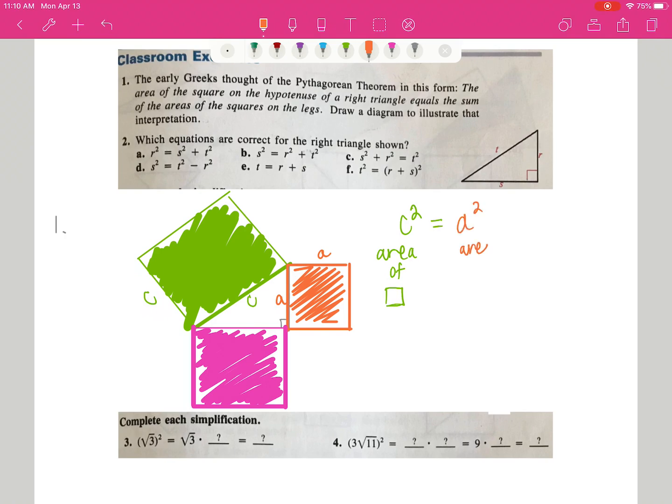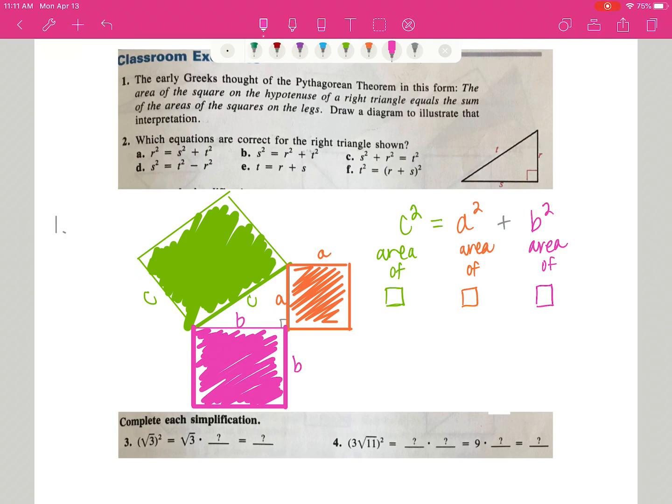And if I add to it the area of the pink square, well, we'll call that leg B. So if that leg is B, then B times B would be the area of the square. That's B squared. That is so cool. Is that not cool? That is cool. So number 1, that's kind of how the early Greeks thought about Pythagorean theorem, and it's not a bad way for you to think about it either.